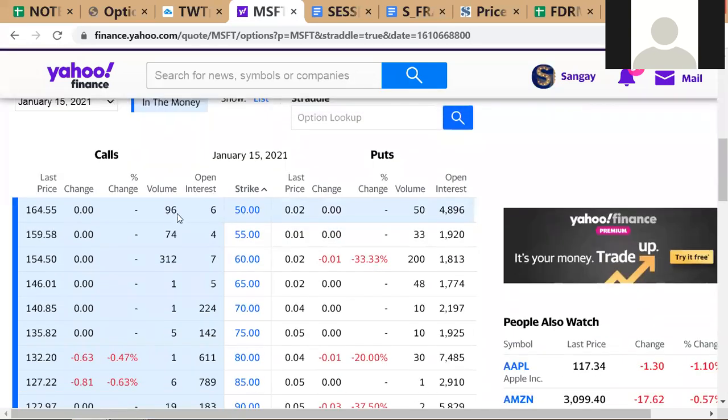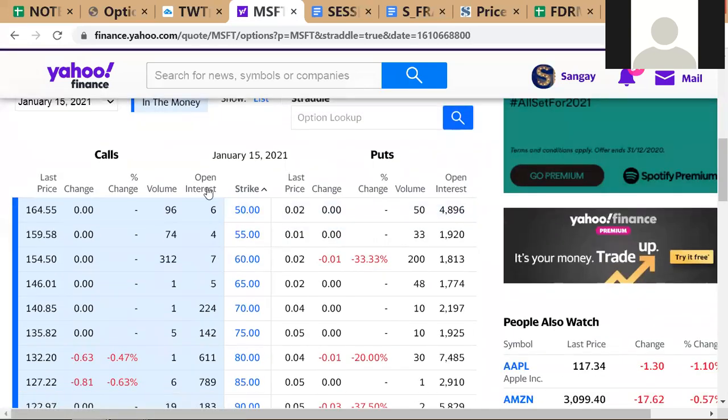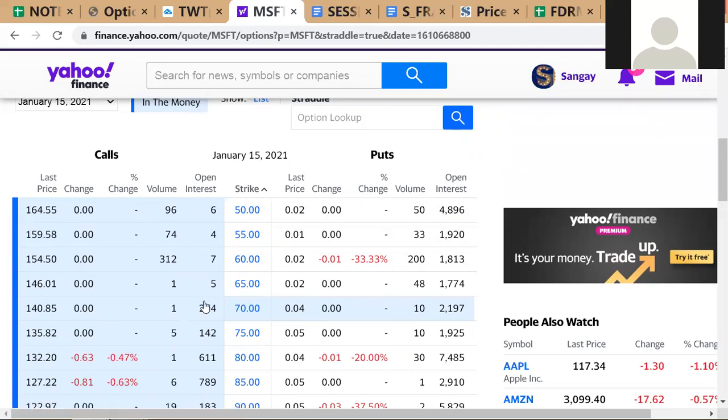All right, so open interest, you don't need to worry about so much at this stage. We have not explained it. But generally higher open interest means more liquidity, and more liquidity is better than less liquidity. So we want to see higher open interest and higher volume.